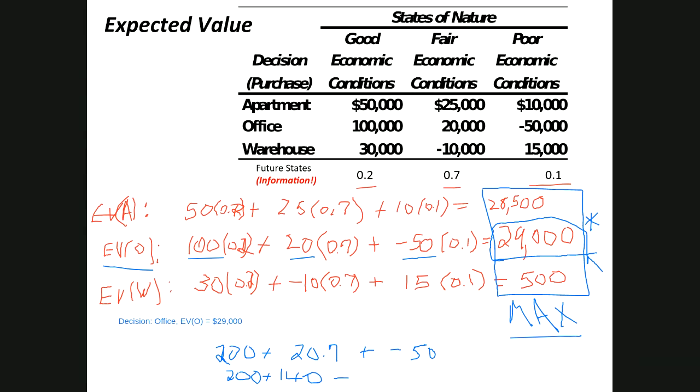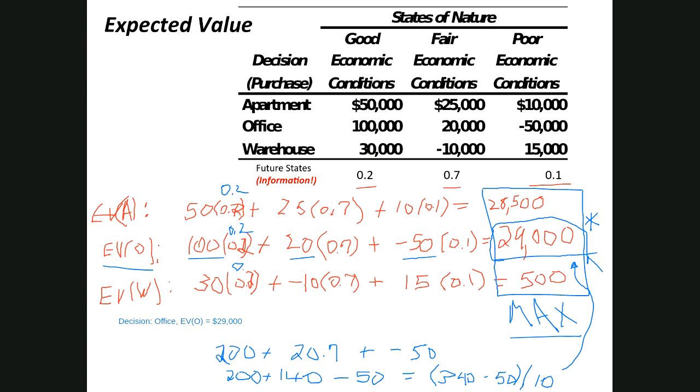And then you would lose 50,000 on that one time when the economy was poor. 340,000 minus 50,000 is 290,000. This is divided by 10 because you will have had 10 investments. And so on average, you would receive this $29,000. Hopefully that makes sense. I apologize for this error, because this is 0.2 in each of these cases, not 0.1.